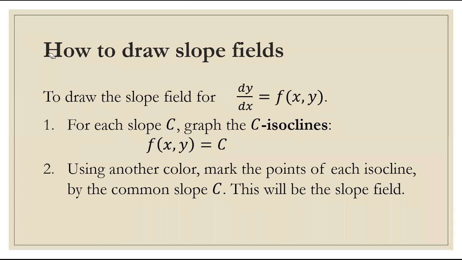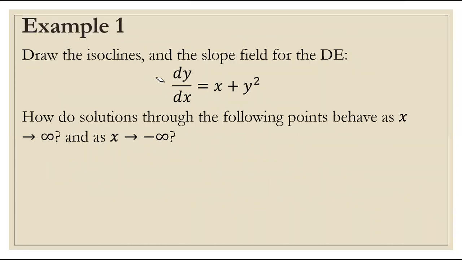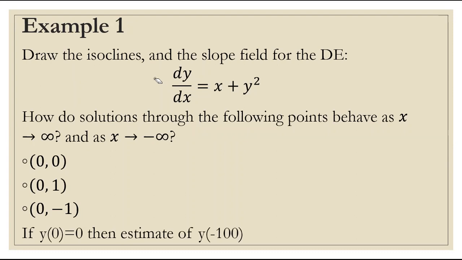All of that is an introduction to what I need to explain, and you can't understand it if I don't solve a specific example. Let me read the problem now, simplify it and solve it question by question. First, he needs me to draw the isocline and slope field.